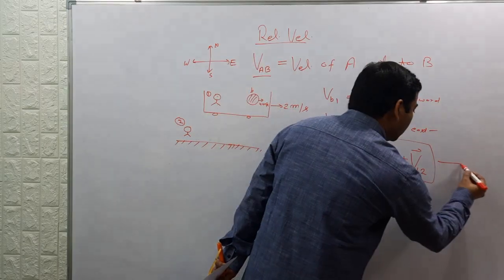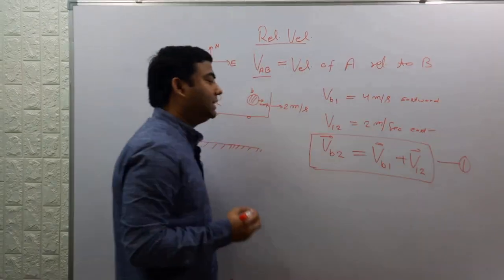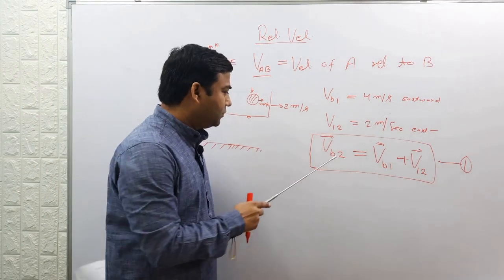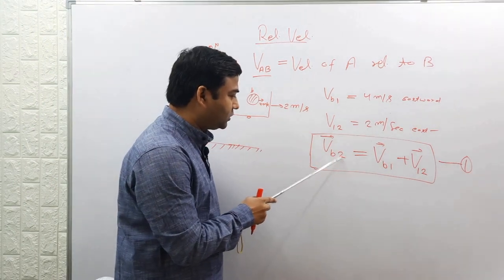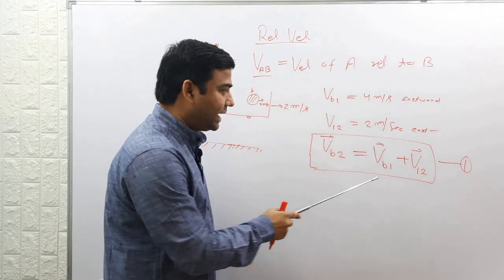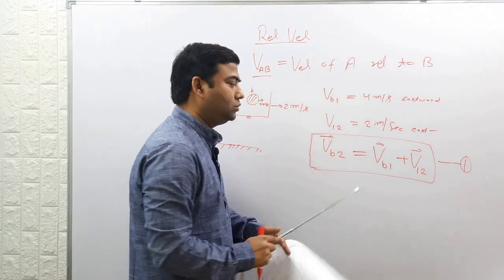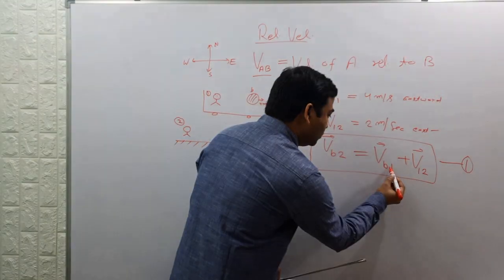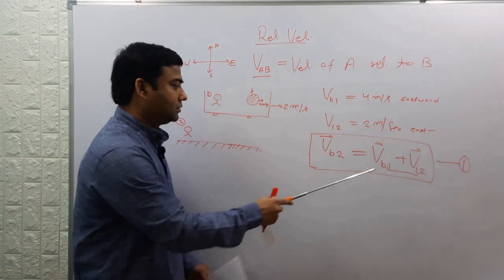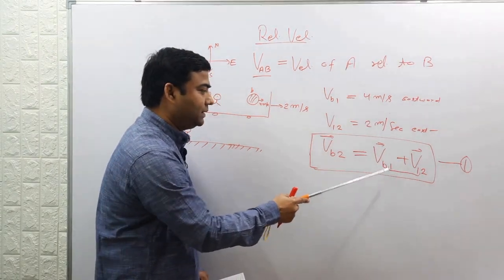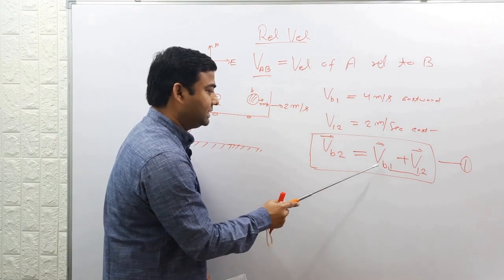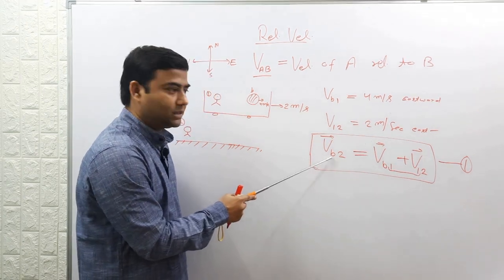So this is the first rule of relative velocity. It is very easy to remember. The velocity of v with respect to 2 is the velocity of v with respect to 1 and the velocity of 1 with respect to 2. So you can easily eliminate the middle terms. This 1 will be eliminated, and v2 is the remaining expression.